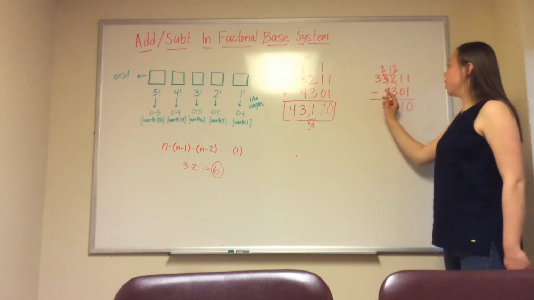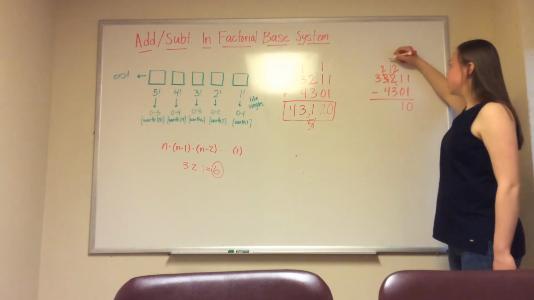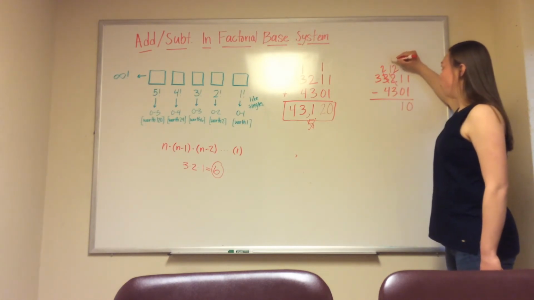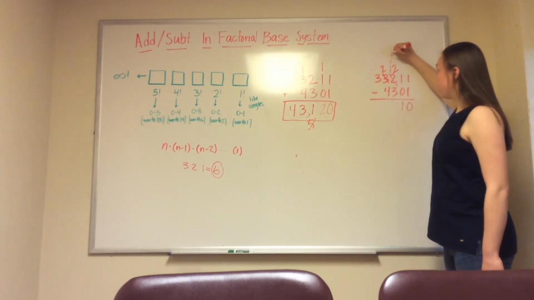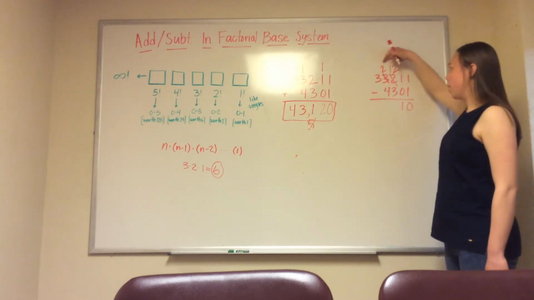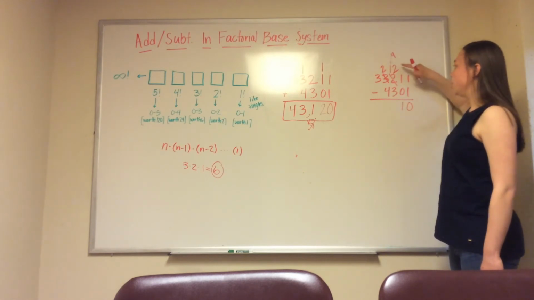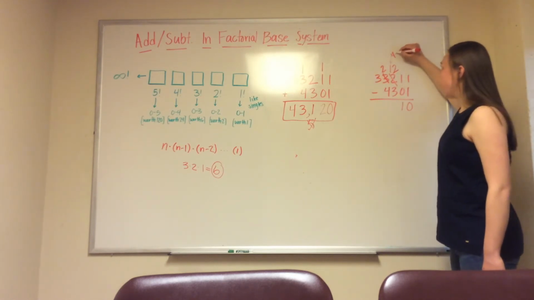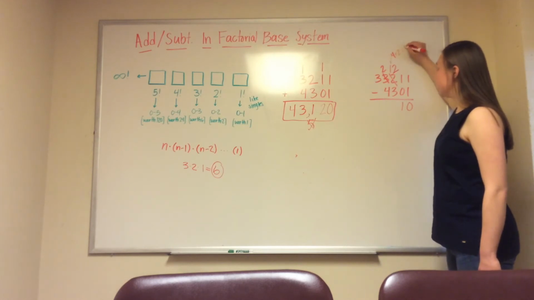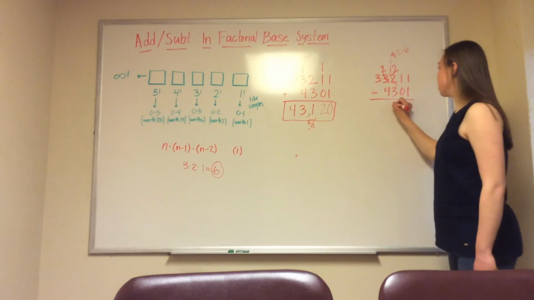Similar to addition, we're going to consider this worth 4, because it was in the 4 factorial place value. We borrowed 1 rod from the 4 factorial, and we're going to add it to our 3 factorial. So now we have 4 plus 2, and that gives us 6. So 6 minus 3 gives us 3.